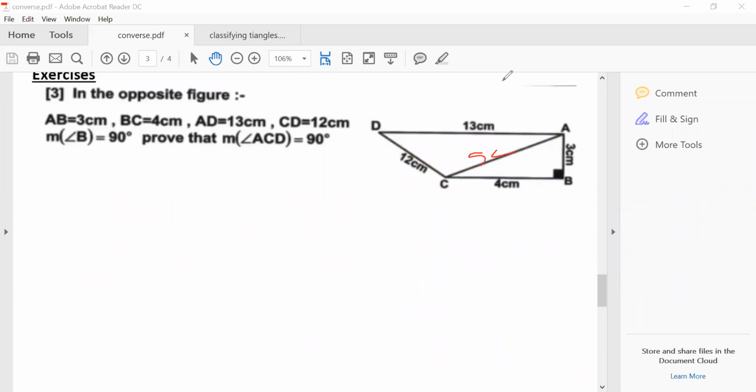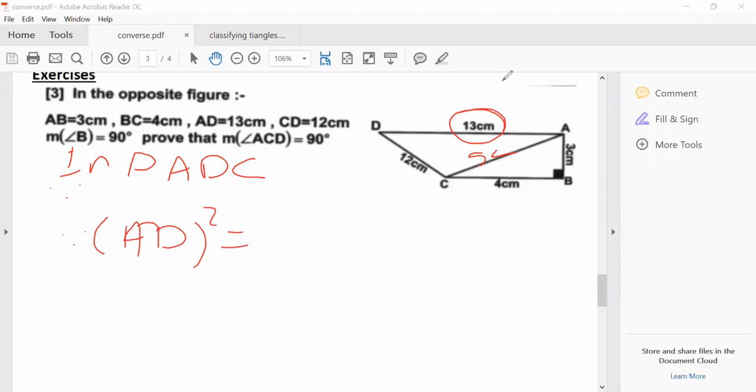So moving to the other triangle, ADC, take the longest side. I will take the longest side, which is AD, 13 square, equals 169. This is number 1.